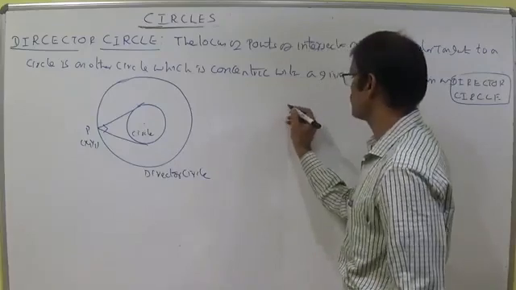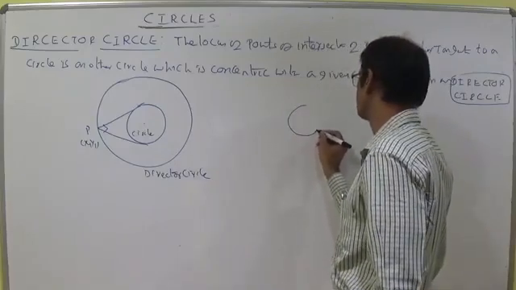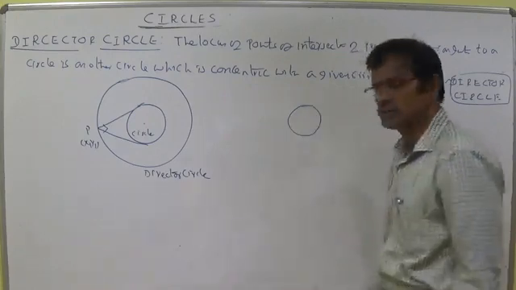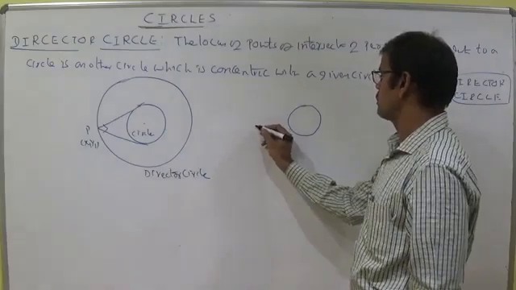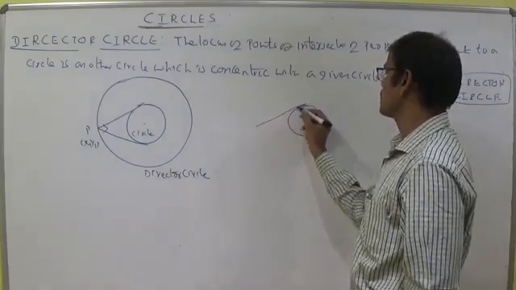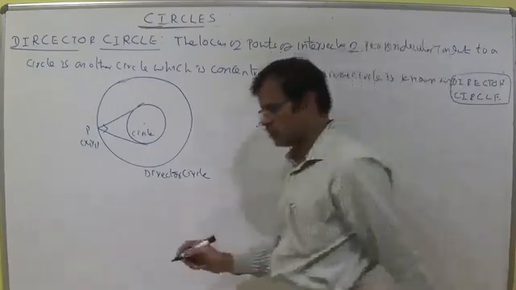So you can understand this as follows: a circle is there, and for the circle two tangents are drawn. You can take the external point anywhere.